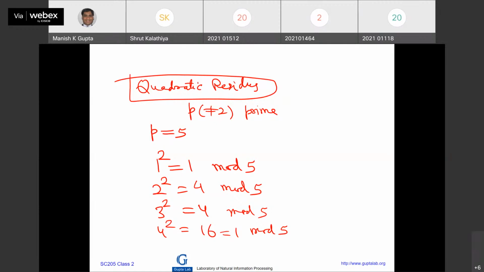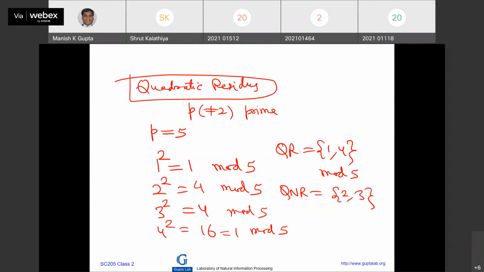So see that when we are squaring and reducing modulo 5, we are getting only two numbers, 1 and 4. So these numbers 1 and 4 are known as quadratic residues mod 5. And the rest of the numbers, 2 and 3, are quadratic non-residues. Got it?